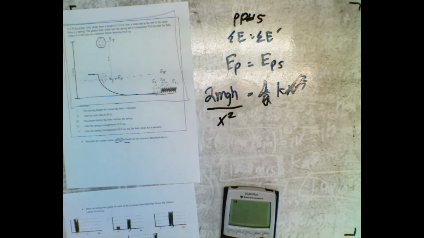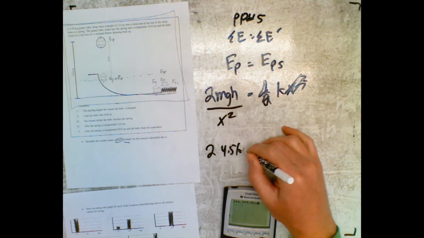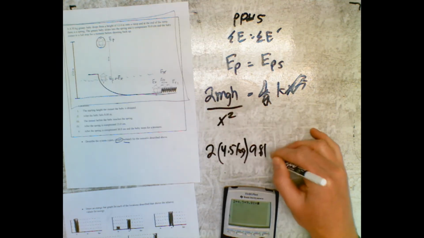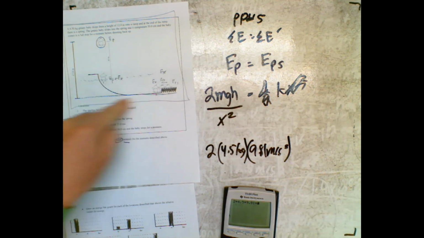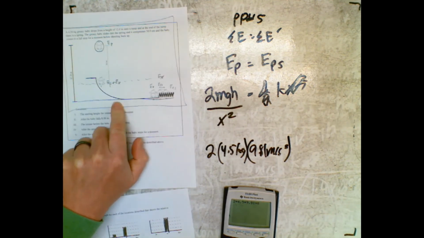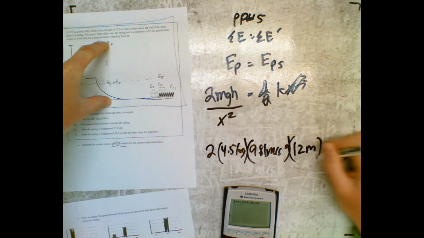So I have 2 times my mass of my baby, 4.5 kilograms, times 9.81 times my height. Sorry, I should write this out. 2 times 4.5 kilograms times 9.81 meters per second squared. And then my height. So now our reference point is back at the ground there. So we're 12 meters above our reference point here.